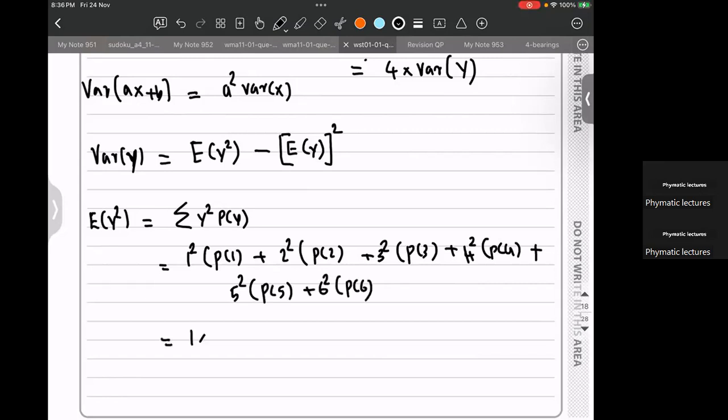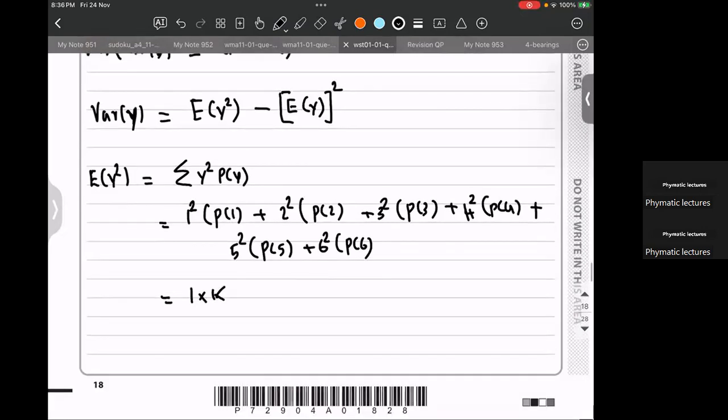So 1 square is 1, times the probability 2k, plus 4 times k, plus 9 times k because probability of 3 is again k. Then 16 times 8k, you can refer to the table. Plus 25 times 17k plus 36 times k.